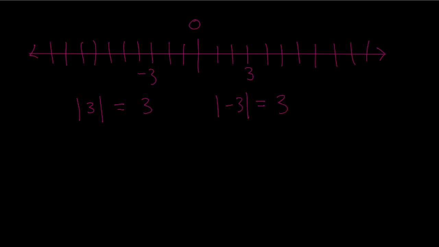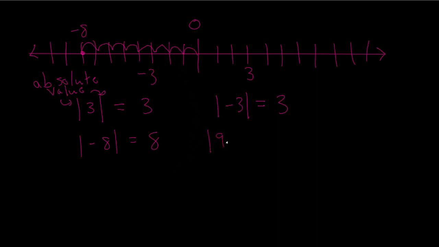And so the absolute value, which is used by this symbol surrounding things, counts the distance we are from the origin. For example, the absolute value of -8 would be 8, because I'm 8. 1, 2, 3, 4, 5, 6, 7, 8. -8's over here, but there's 8 hops to get to 0.